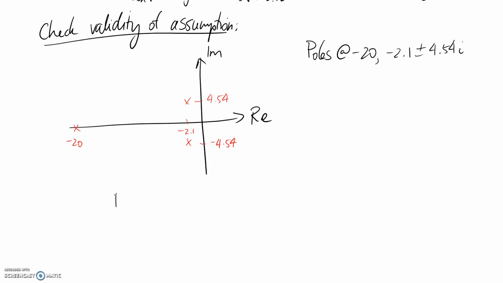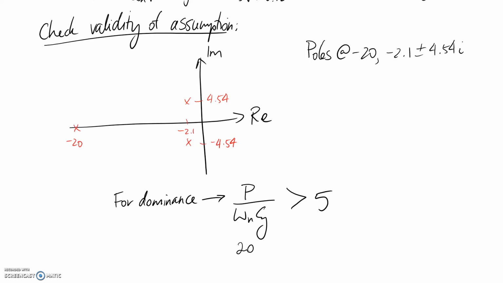So for dominance, what we need is this pole to be more than 5 times further from the imaginary axis than either of the others. So I'm going to write this as P divided by omega n zeta, which is the 2.1, has to be greater than 5.